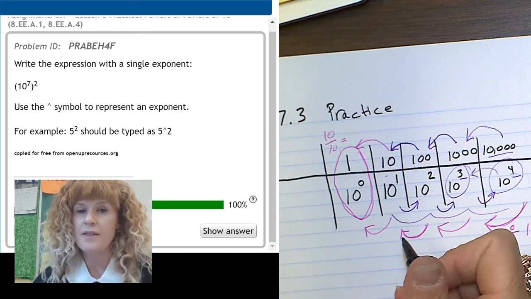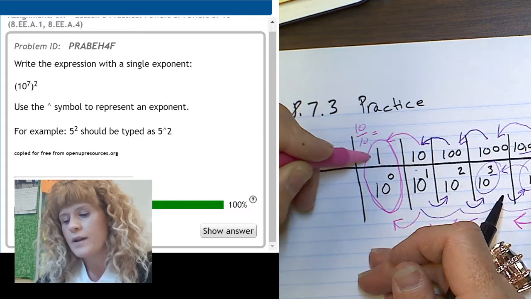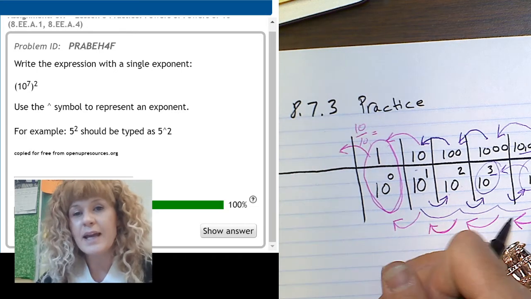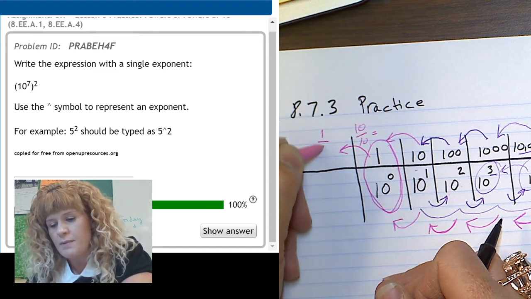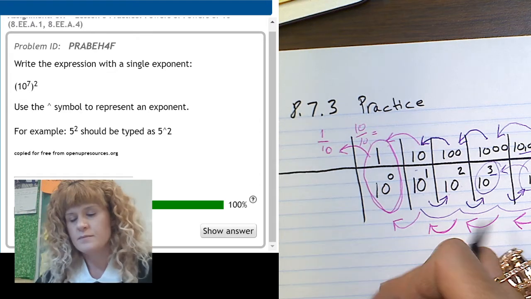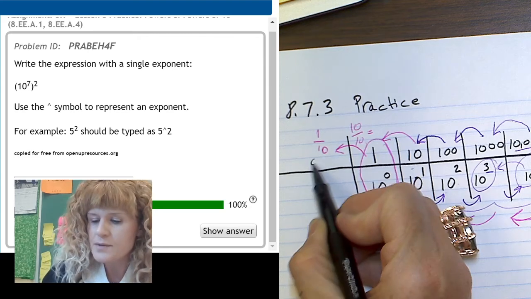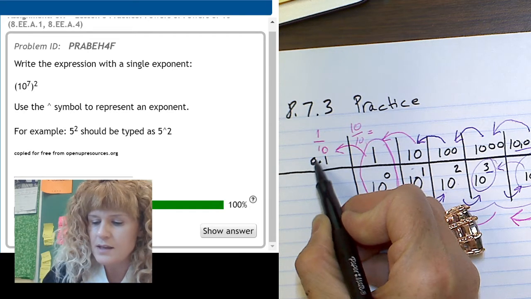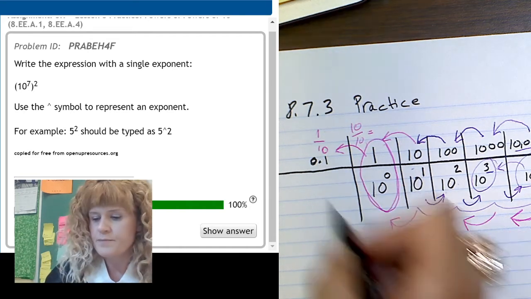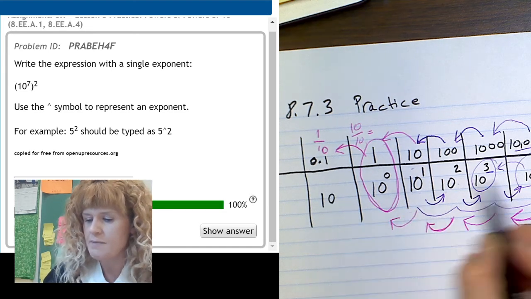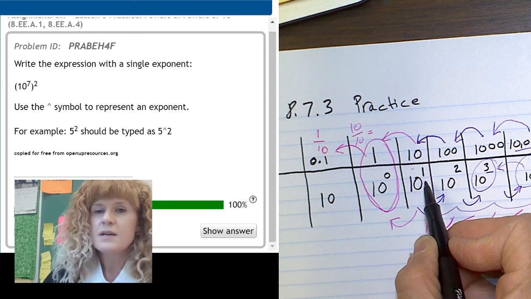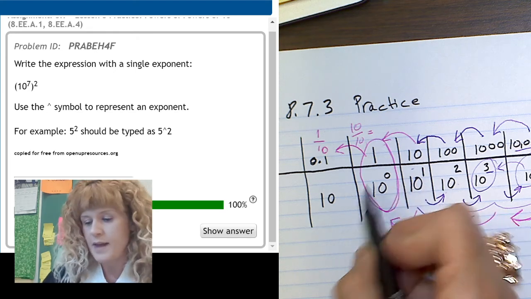I'm not finished yet though. What if we divide by 10 again? Then we have 1 divided by 10. And that equals 1/10 in decimal. The exponent is going to be -1 because I keep going with this pattern, keep taking away one value of the exponent.